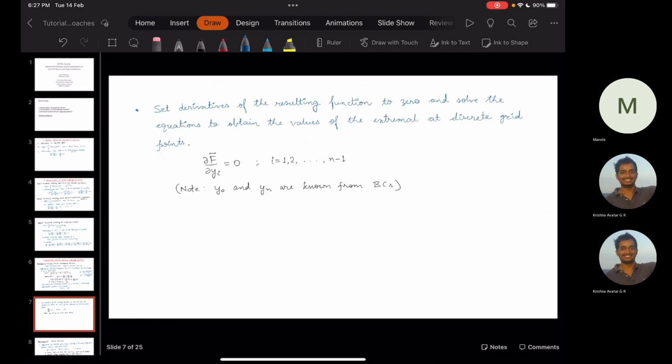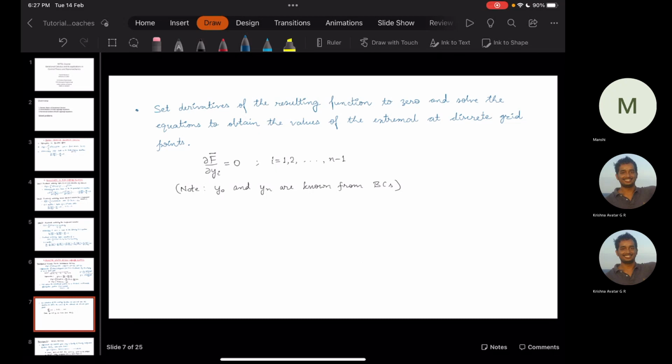Then we use the tools from optimization theory, wherein we first find the necessary condition, which entails that the derivatives of the resulting function with respect to each of the components yi are 0.